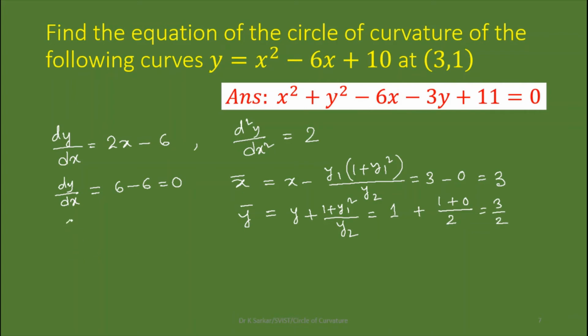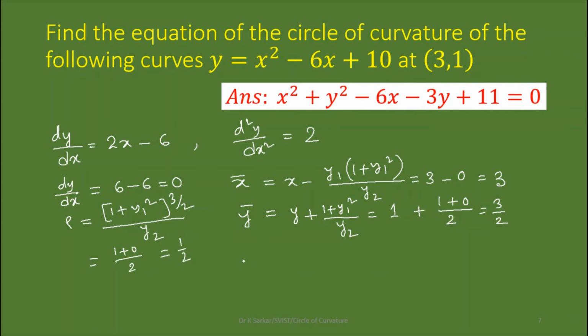We know the rho formula is (1 plus y1 square) power 3 by 2 divided by y2. So 1 plus 0 by 2, that is half only.